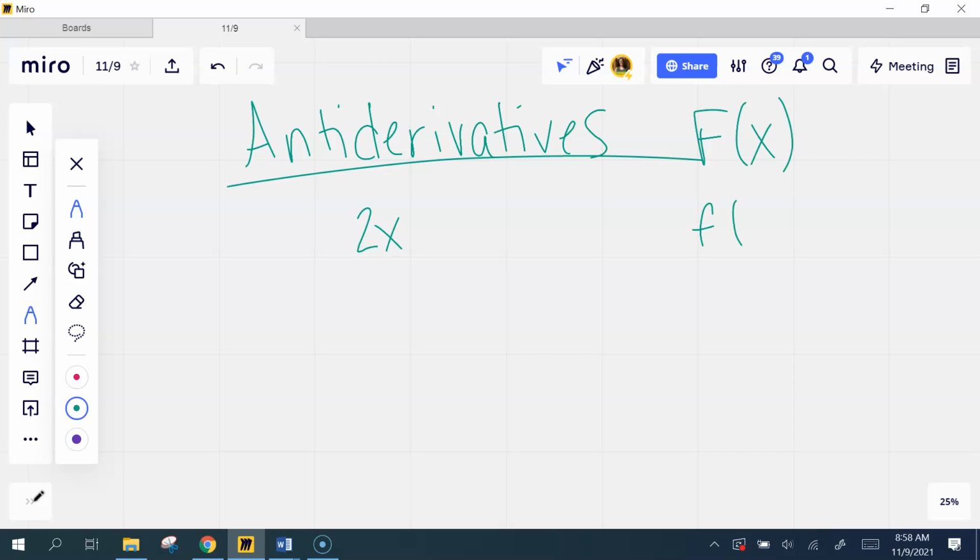If the derivative is f of x, then I'm going to call the antiderivative big F of x. I'm just working backwards. So Van says that if f of x is 2x, then the antiderivative should be, what did you say? I started with 2 and then said 2x. Oh, okay.